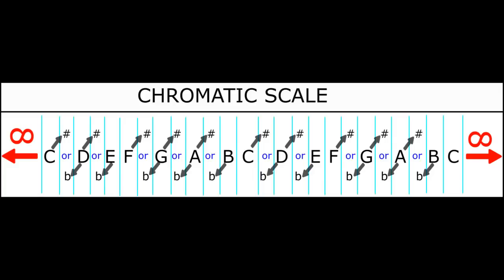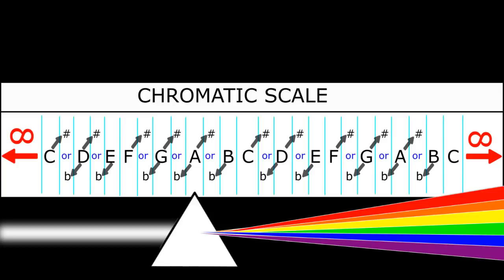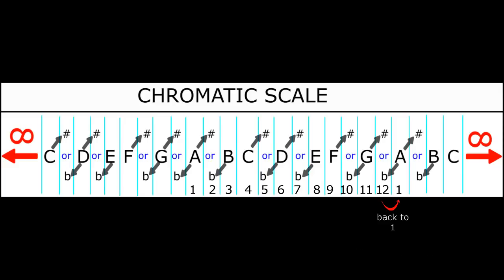It means light which contains all of the colors. Chroma light is light which has all the colors of the rainbow in it. When you see a rainbow, you're seeing those colors split apart from each other. But normal white light has all the colors. So a chromatic scale, obviously, is therefore a scale that has all the notes, all of the different divisions that we can make between sounds. And there are 12 of these, 12 semitones, 12 half steps.